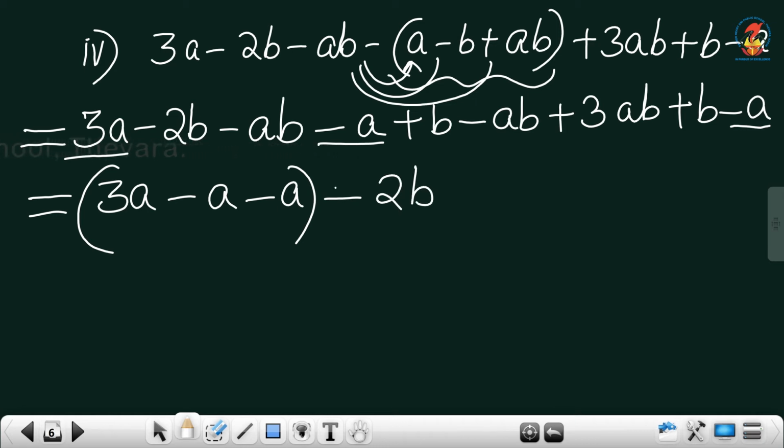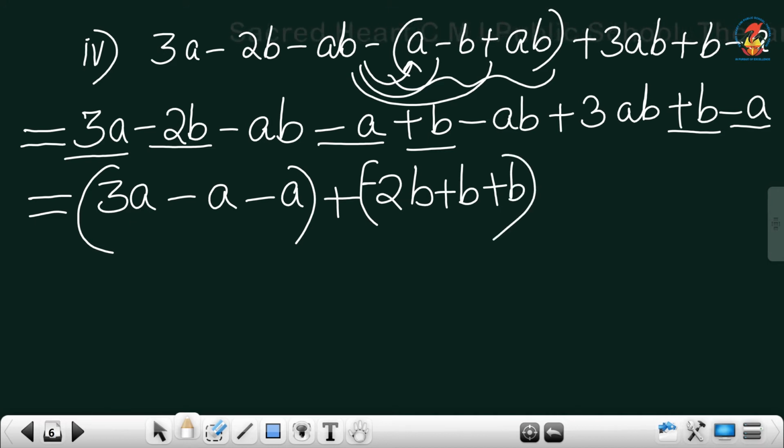If there is a negative sign, just write it this way so it will be clearer. This negative sign belongs to the next term. So negative 2b, then plus b, then plus b. Now the next variable in the question is ab. So find out the terms having ab: negative ab, minus ab, plus 3ab.